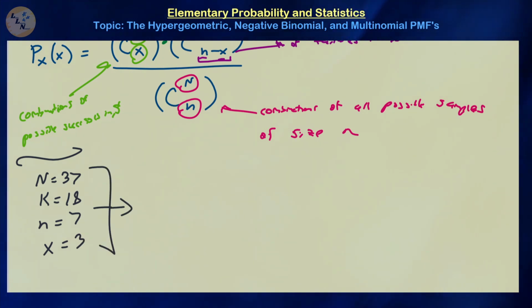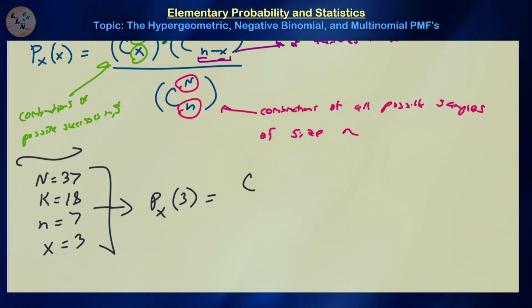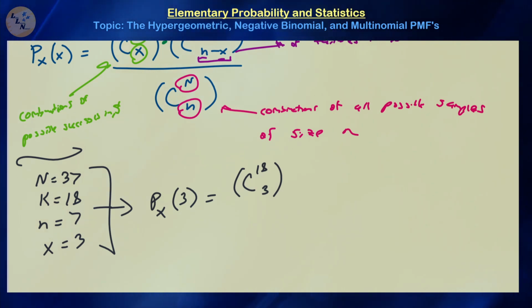So let's assume each of these values is independent of each other. Then the probability that our hypergeometric random variable is equal to 3 is going to be equal to C(18, 3). So that's the number of possible successes, and we want exactly 3 successes. Remember, our sample is of size 7. That means 7 minus 3 of those values in my sample are going to be failures.